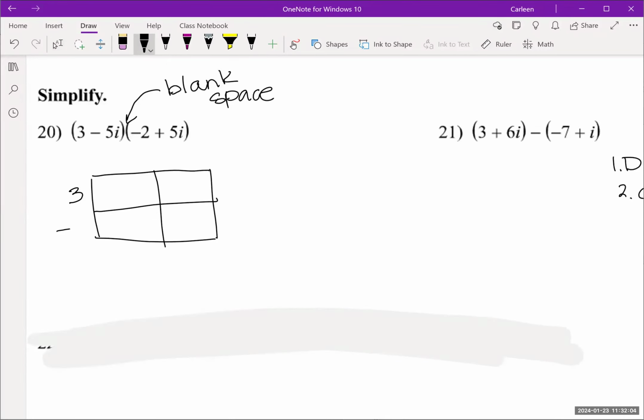Okay, 3 minus 5i, negative 2 plus 5i. So we're going to multiply negative 6, 15i, positive 10i, and negative 25i squared.